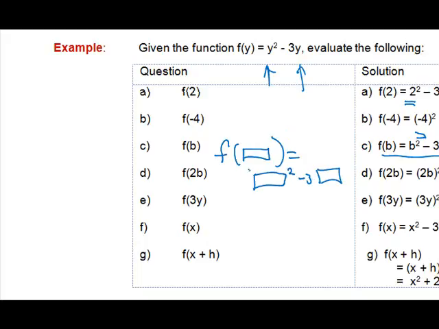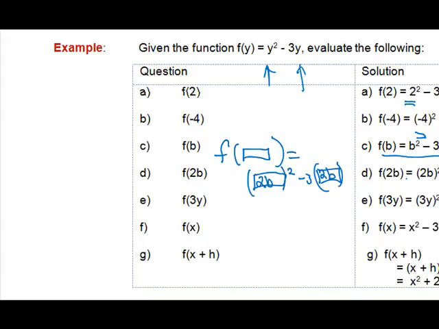And then really the only other piece you just need to think of is that the items that are in the box, you want to probably put in parentheses just to make it a little bit clearer. So now notice with my f at 2b, I would have 2b in the box and 2b in the box, and you'll notice that's what I get over on the right hand side.